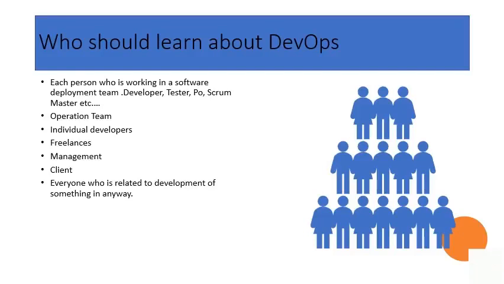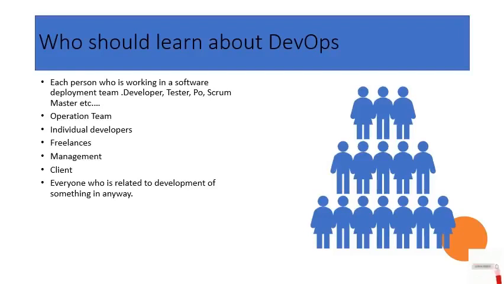Next is the client. If you are a client of the project and some team is working on your product, then you must learn about DevOps, because you can get a clear picture of what is going on in the development. You can see the progress with the help of multiple types of graphs. How many bugs are there?